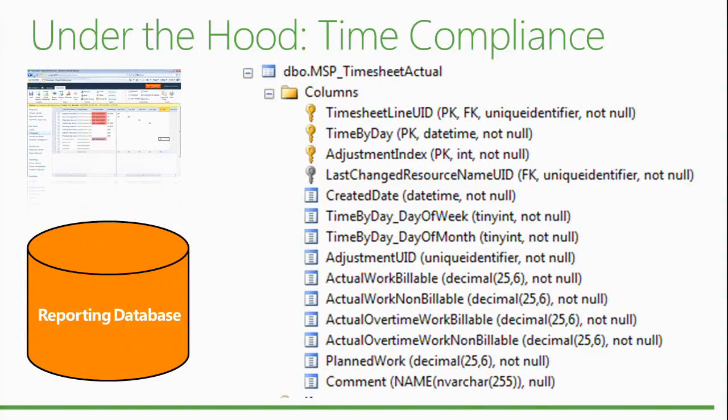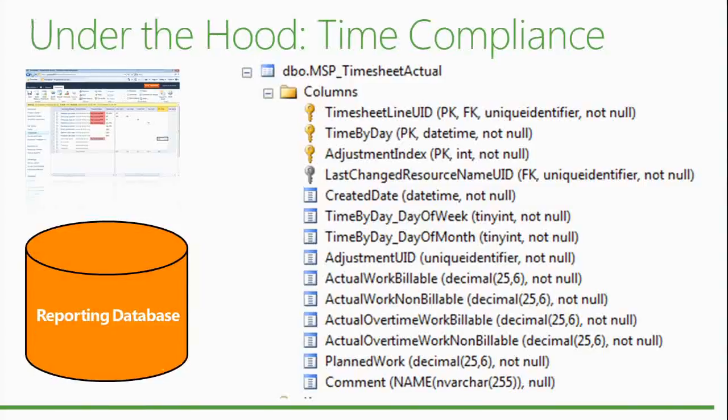So very quickly, TimesheetActual contains all this data, and you have some sample queries and templates that come with the product that allow you to get this type of data to make some reports.